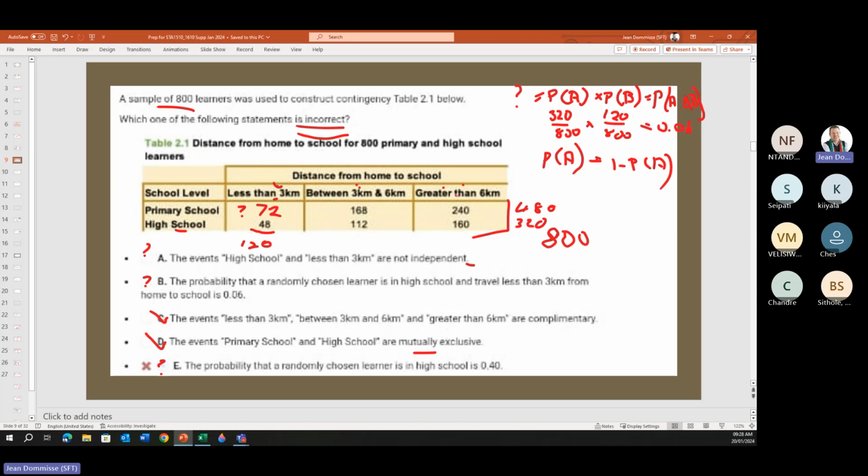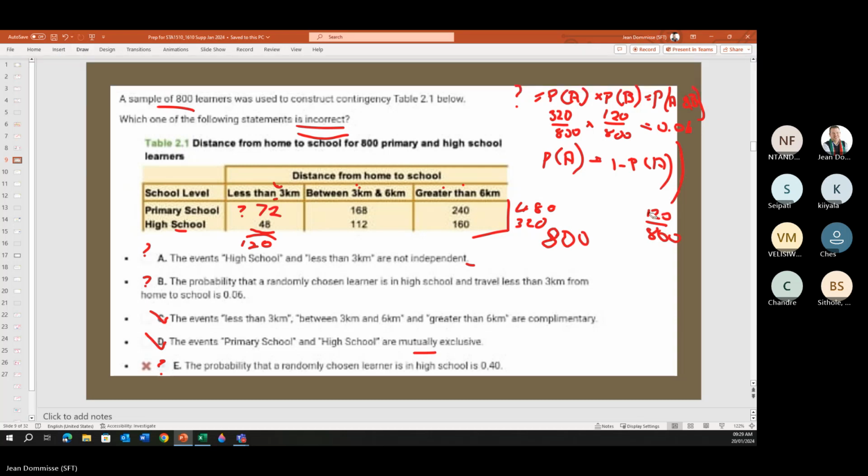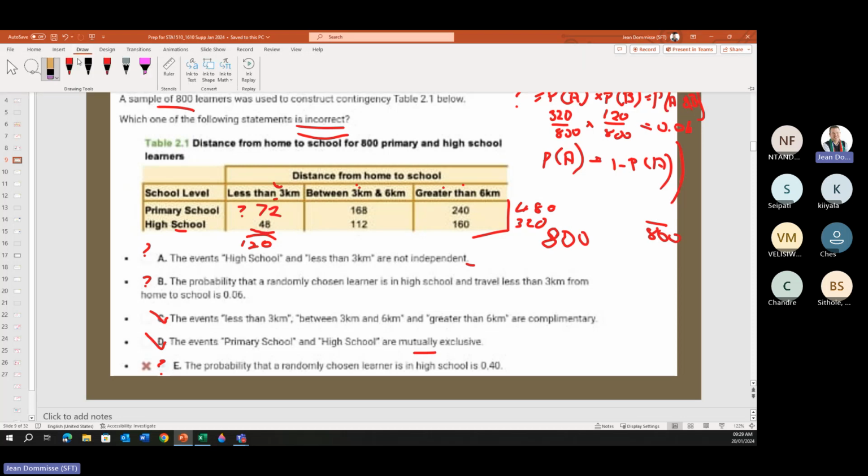And if this now is independent, it will be equal to the probability of the and. Remember, we're looking for the and, which is 48.